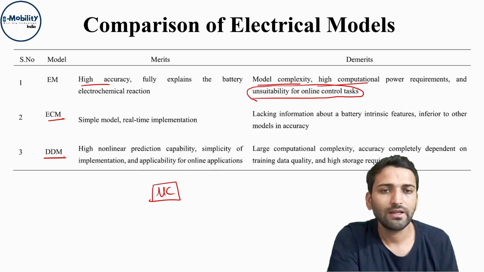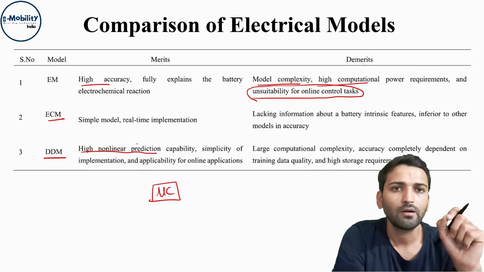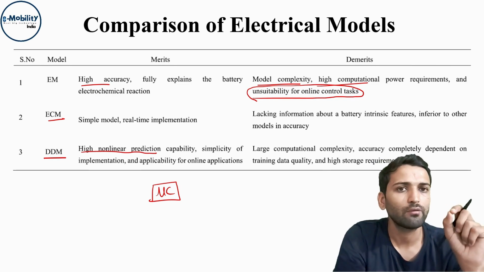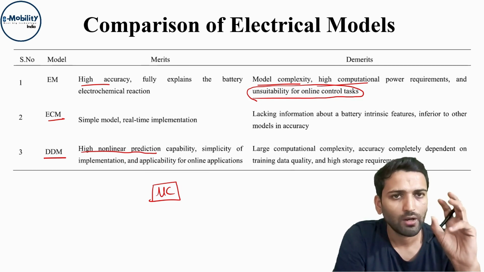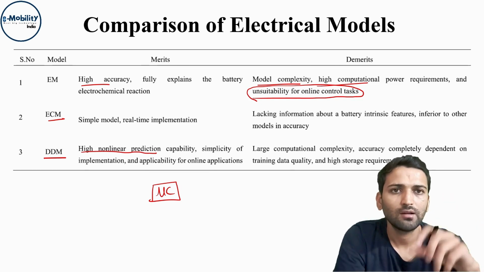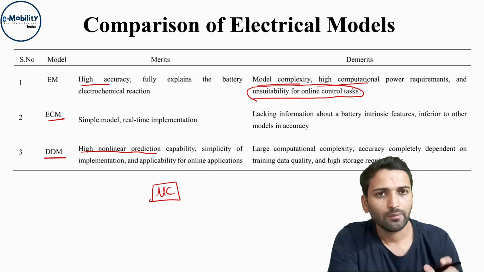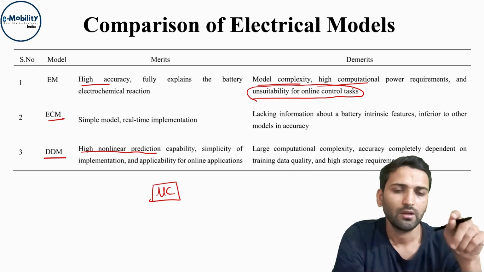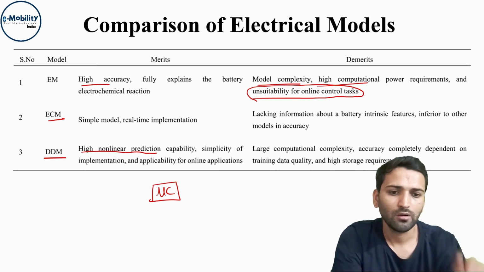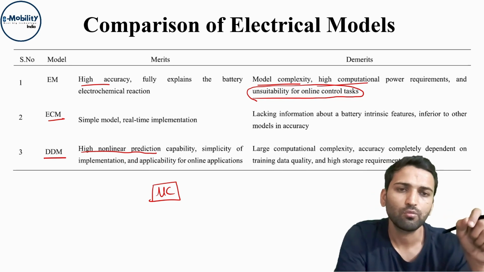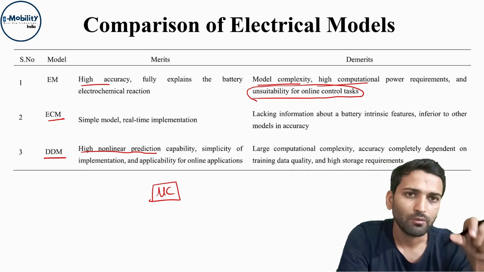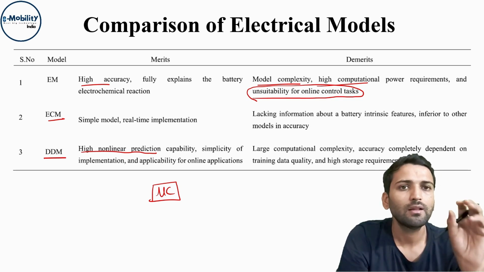Another model is DDM, or the data driven model. This is also good, but the problem is, if you do not have the right data, you will model the battery wrong. So the quality of data becomes very crucial in the data driven model. So ultimately we zero down to the ECM model. The problem with the ECM model is that it is less accurate.